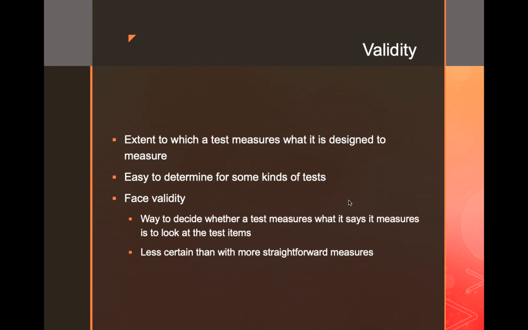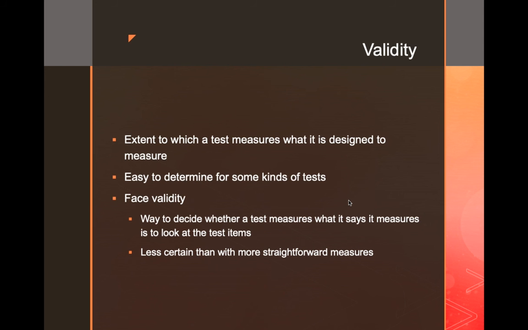And when it comes to validity, you will see that it measures what it is supposed to measure, right? So you will see that, let's say the weighing scale, it is measuring your weight in pounds. It doesn't measure your height. And so that is an example of validity.